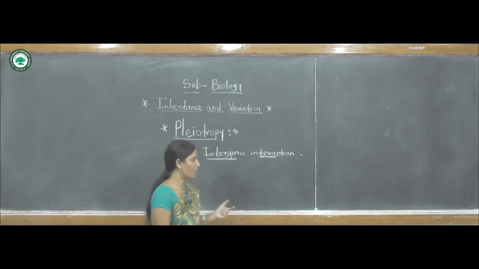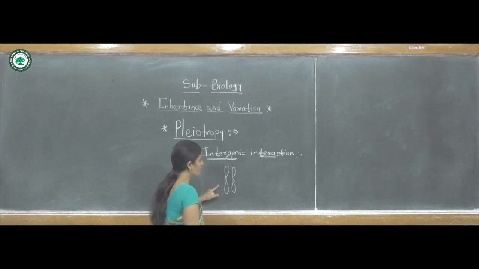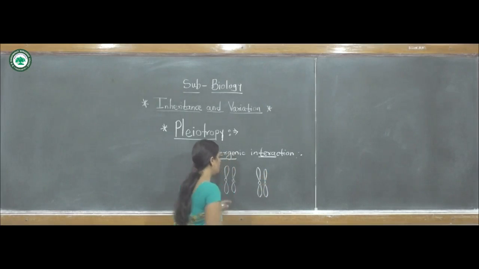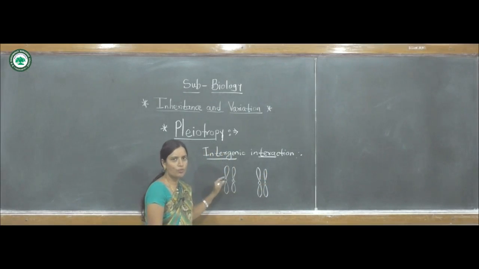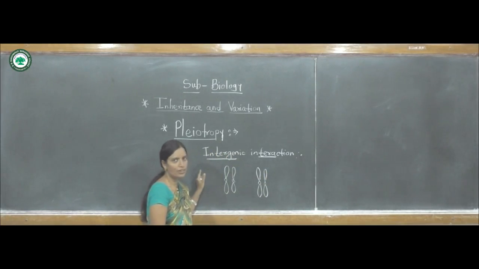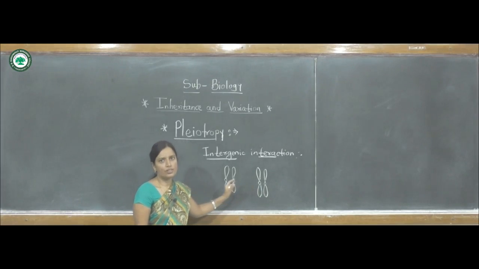For example, see the structure of chromosomes. This is a centromere. This is one pair of homologous chromosomes and another pair, and the interaction takes place between different genes or different chromosomes.